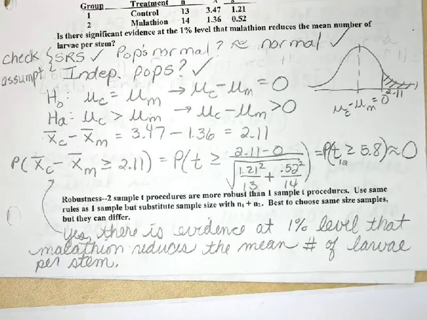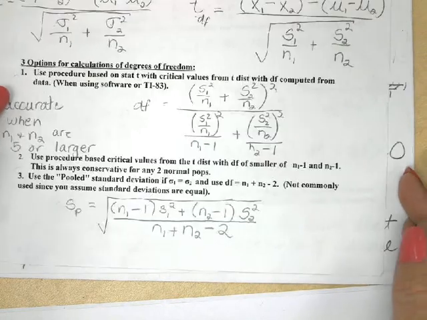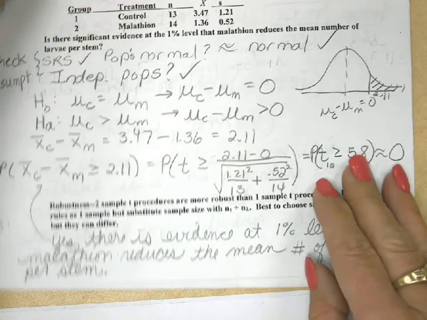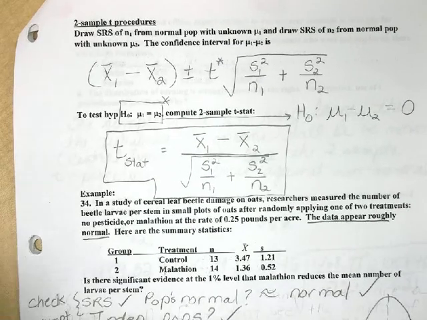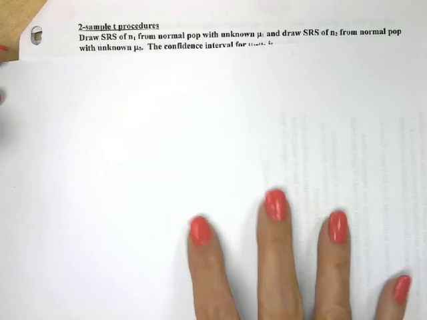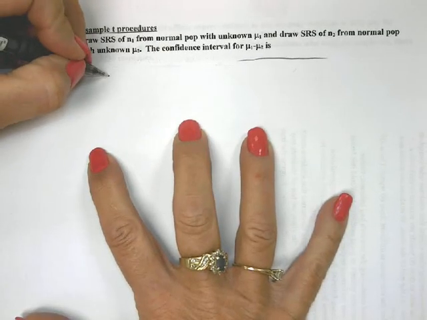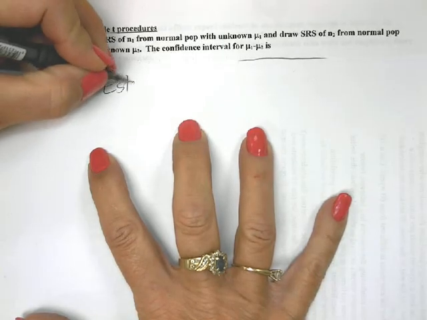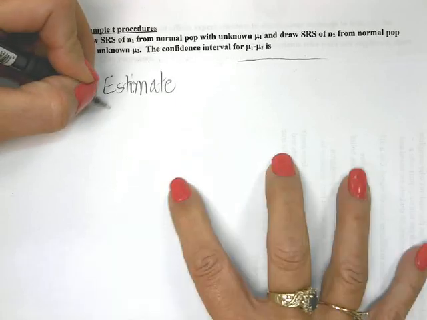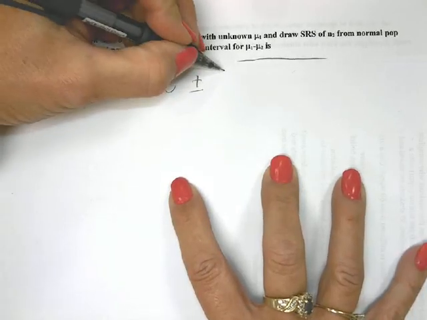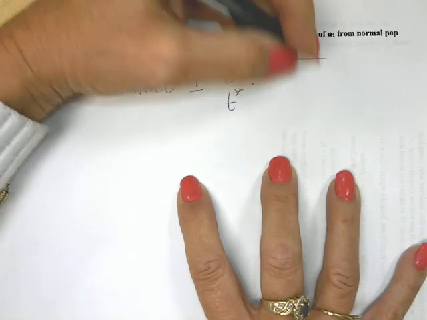Now, the last thing we're going to look at here is calculating a confidence interval. And I guess we just need to move to the top of this page. Sorry for the shuffle. Confidence intervals always set up the same way. We're going to be studying confidence intervals the rest of the time. And you'll always take the estimate you got from your sample plus or minus either a z or a t-value, and then times the standard error.